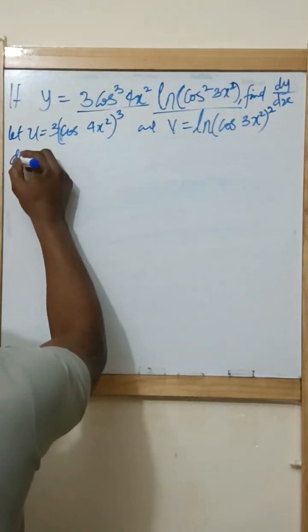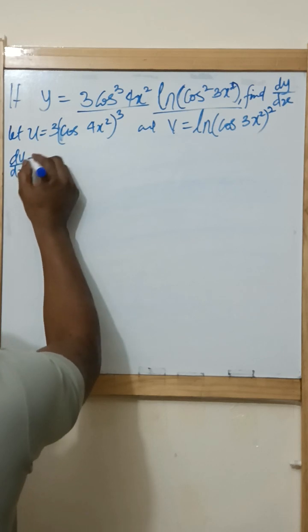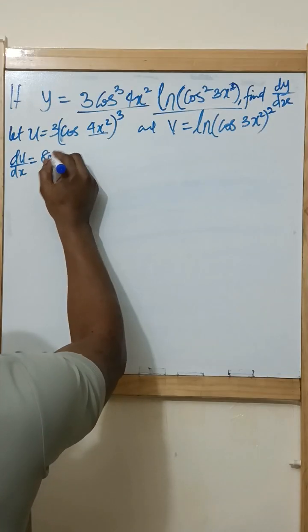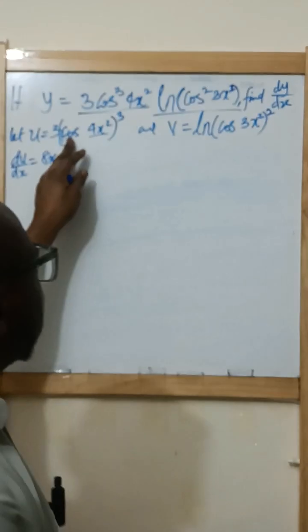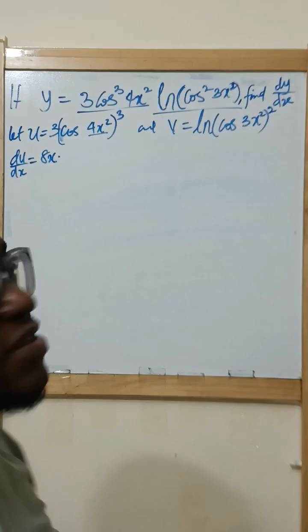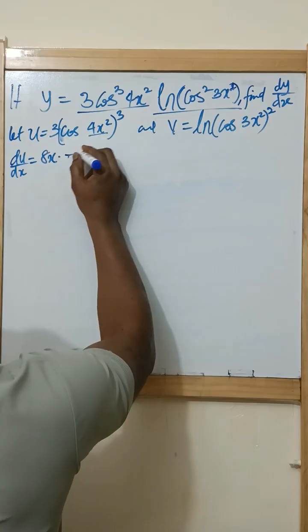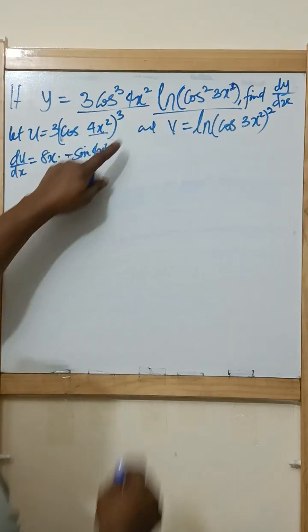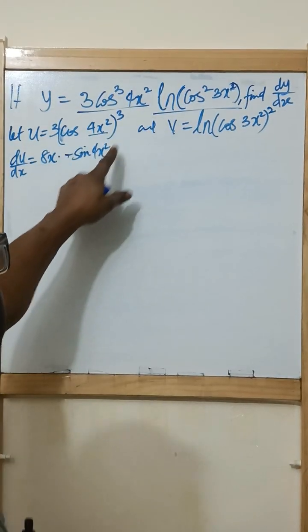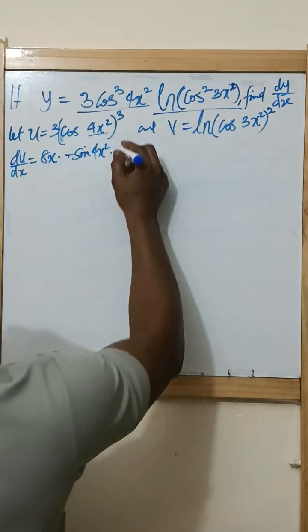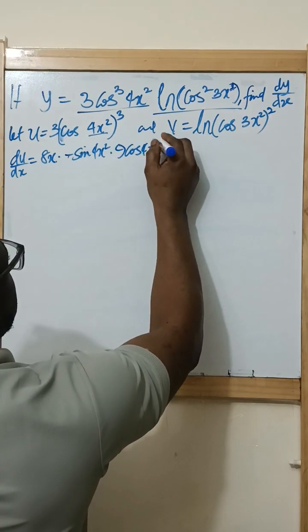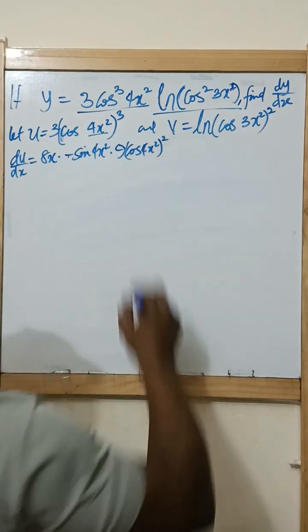So du/dx: differentiating the subject gives 8x. Differentiating the cos of that subject gives minus sine 4x squared. Now differentiating the power gives 3 times 3, that is 9, then cos 4x squared raised to power 2.